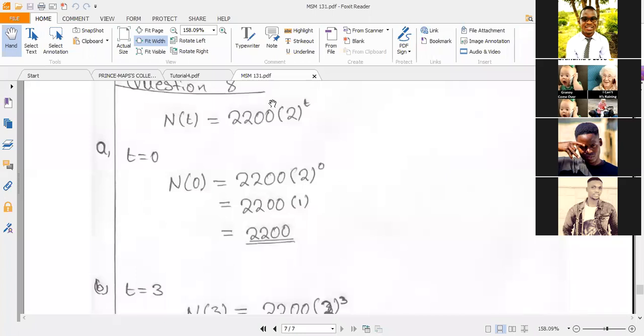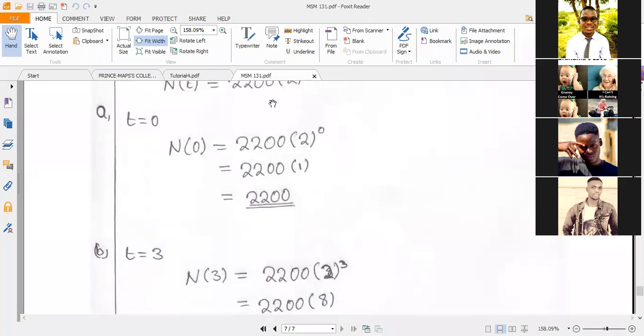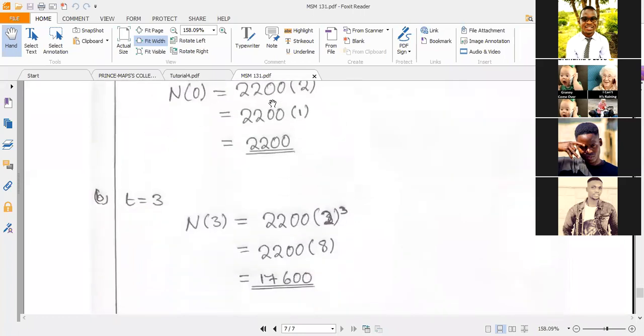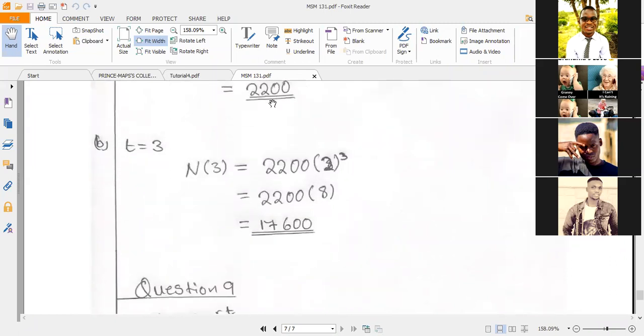And then at time t equal to 3, we just raise to the power 3: 2 to the power 3 is 8. 8 times 2,200, you get 17,600. As simple as that. So these are free marks, guys. Even if it came in a test, it's some free marks.